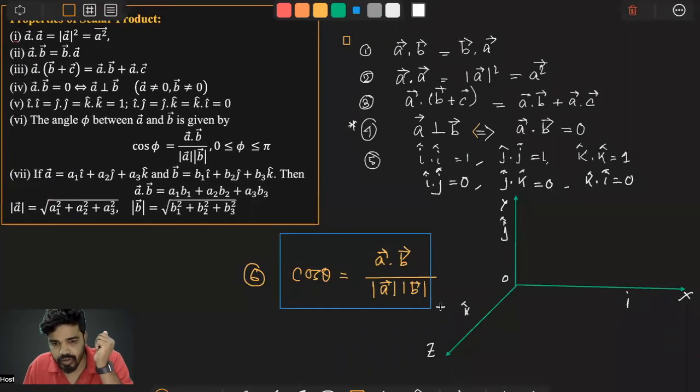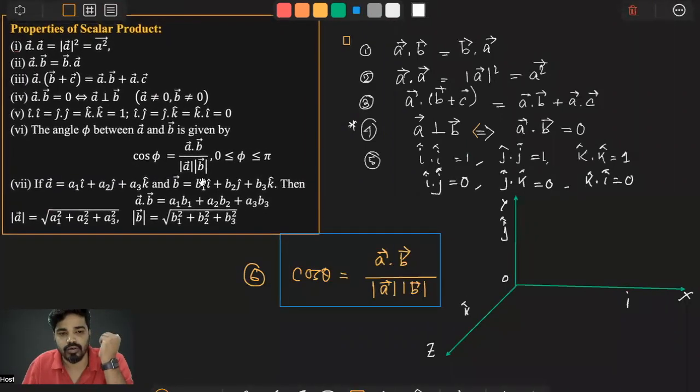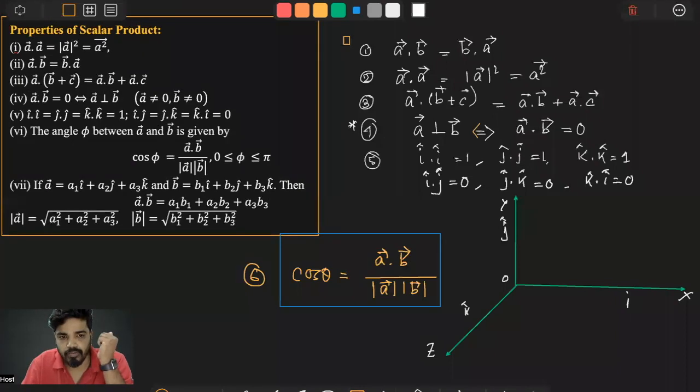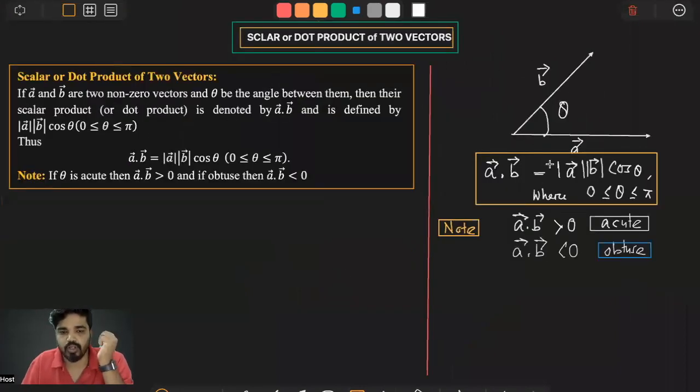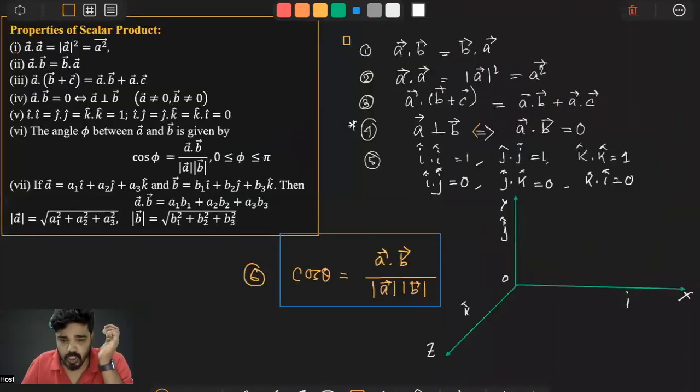So it is a very, very important formula. It comes from the definition of dot product or scalar product. So this point should be noted.